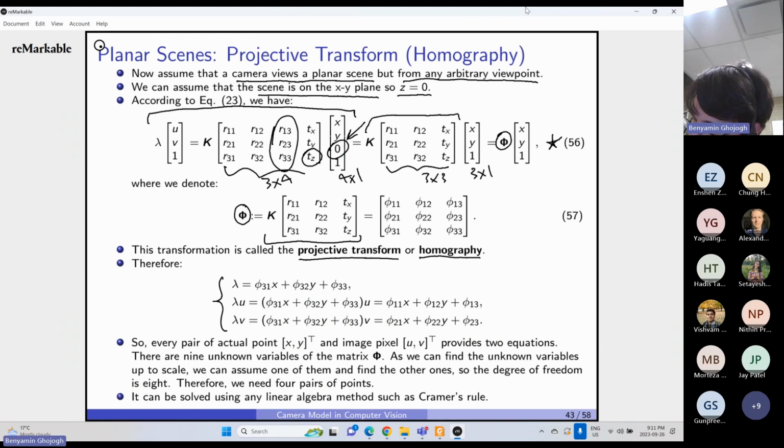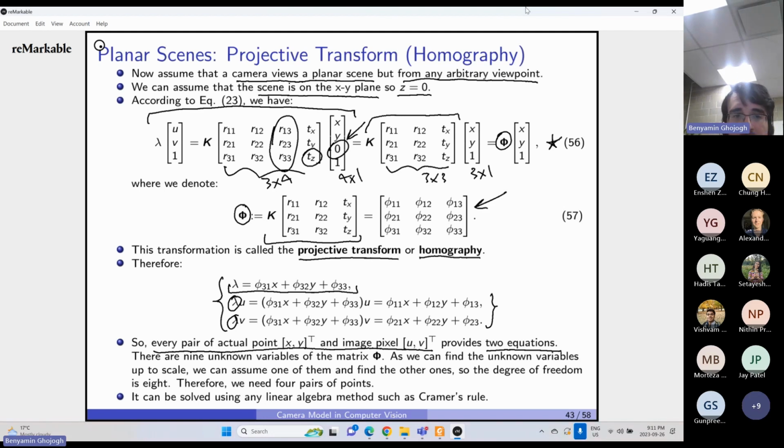And I can replace lambdas here with what I found here. As a result, it gives me actually 2 equations. So every pair of actual point and corresponding image pixel provides 2 equations, right? How many unknowns do I have here in my projective transform? I have 9 unknowns, 3 by 3, right?